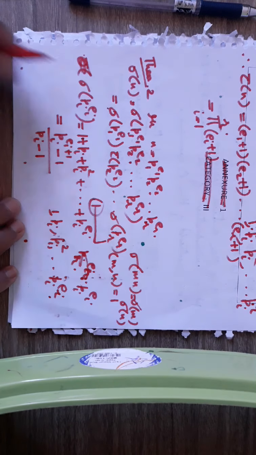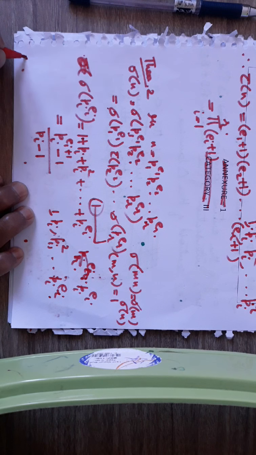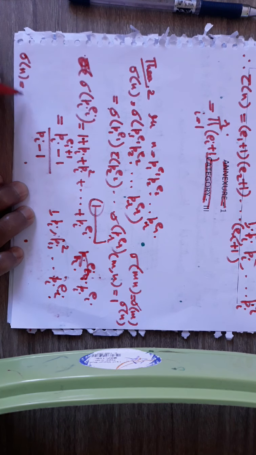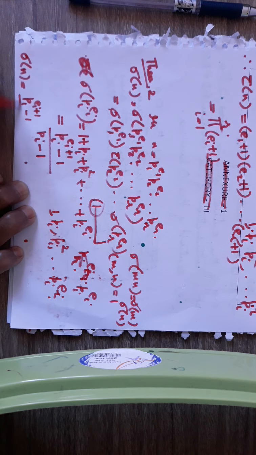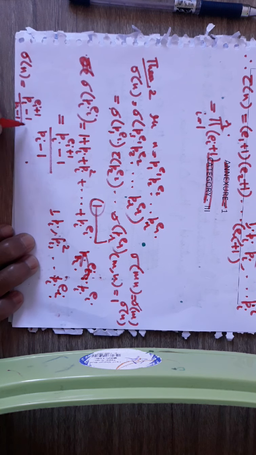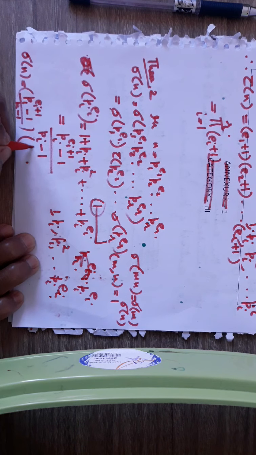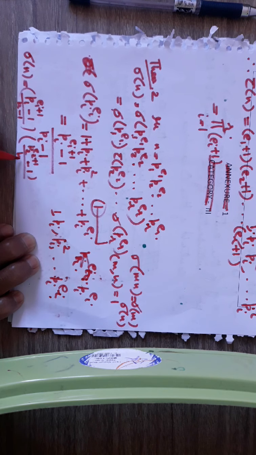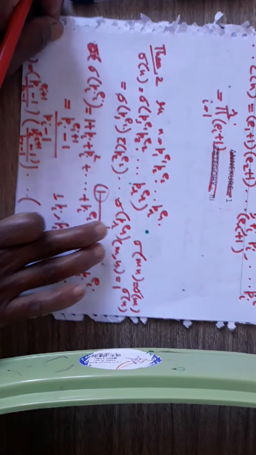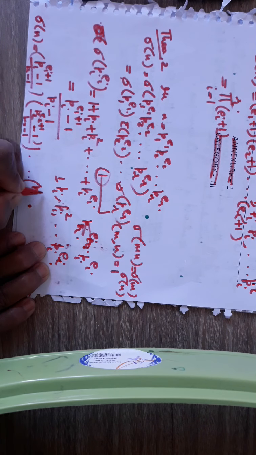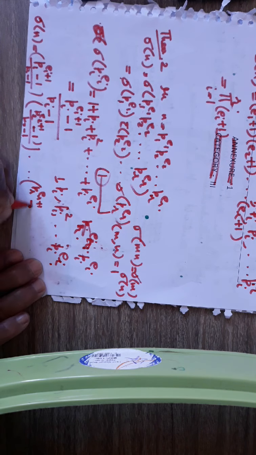But i varies from 1 to r, so sigma of n equals sigma of p1 to the power e1, which is p1 to the power e1 plus 1 minus 1 divided by p1 minus 1, into sigma of p2 to the power e2, which is p2 to the power e2 plus 1 minus 1 divided by p2 minus 1, and so on, up to sigma of pr to the power er, which is pr to the power er plus 1 minus 1 divided by pr minus 1.